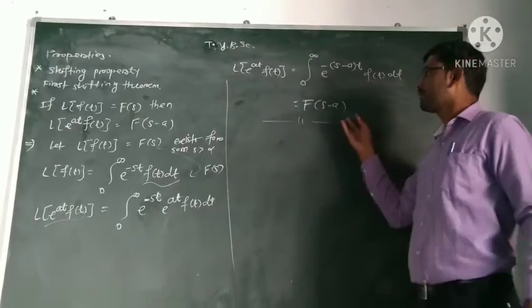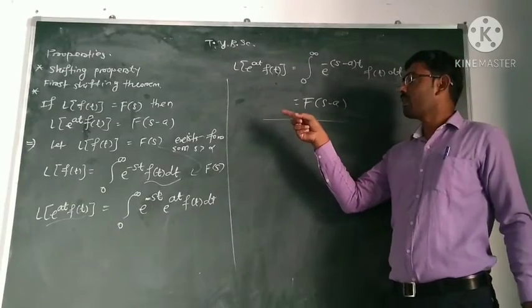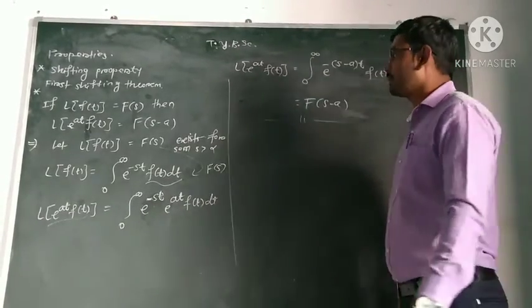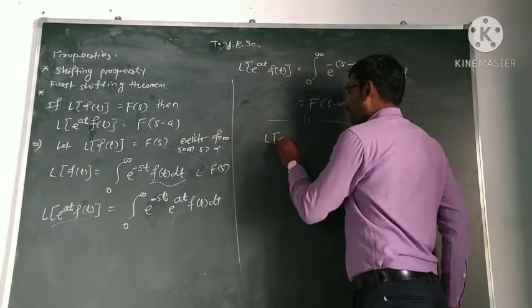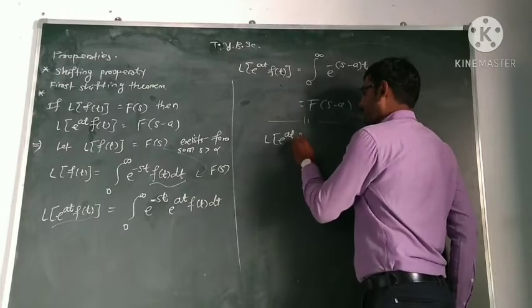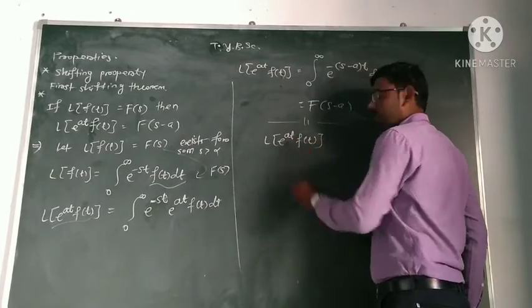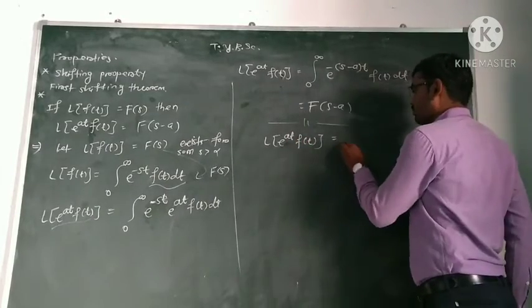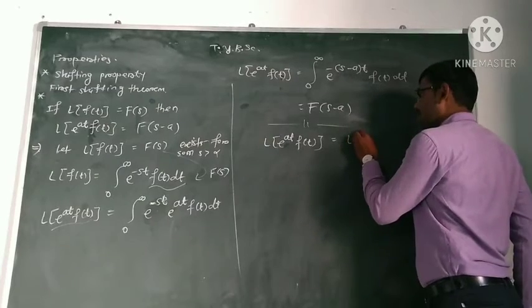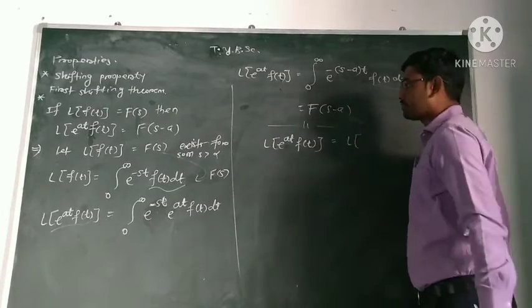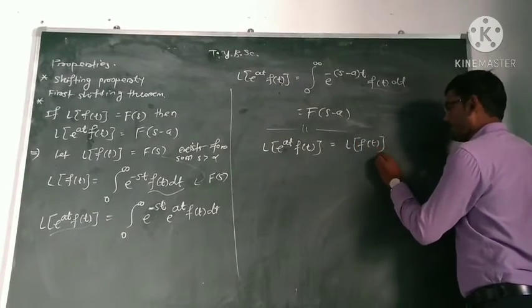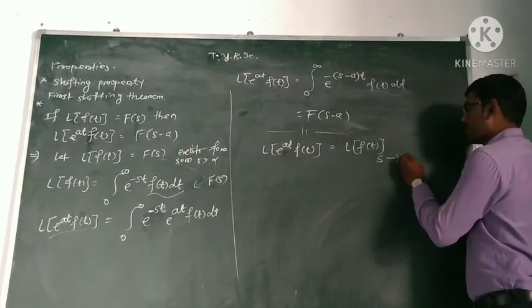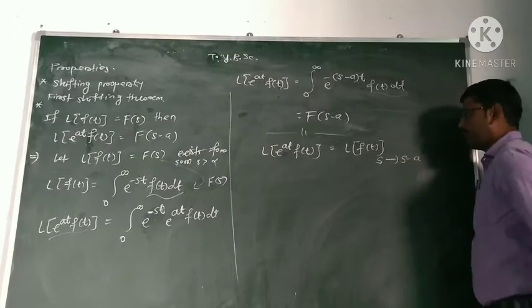Or we can keep in mind this property using one simple concept: the Laplace transform of e raised to power at into f of t is equal to the Laplace transform of f of t, but here s tends to s minus a.